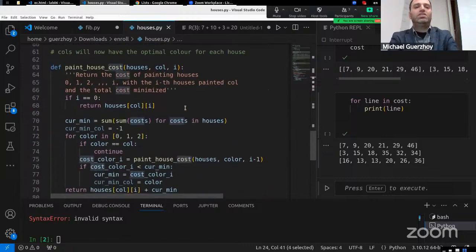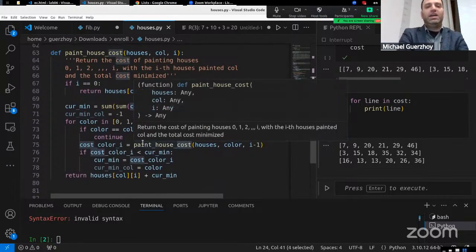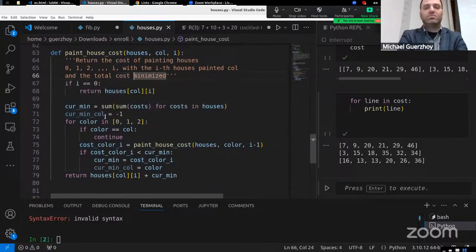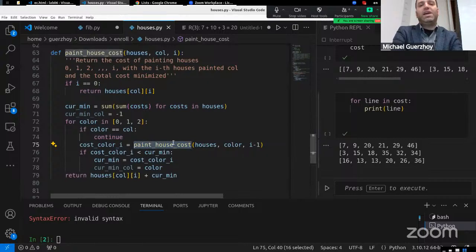So here is what that code can look like. So we try, for every color, we're saying, okay, what's the cost of painting this house with color I?